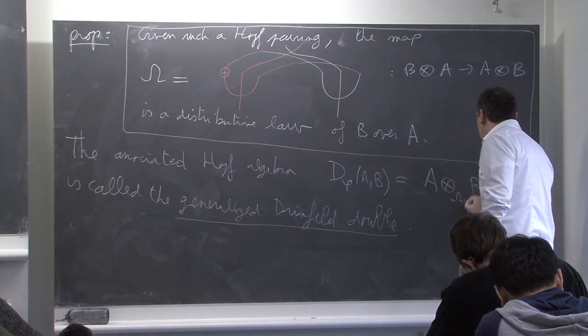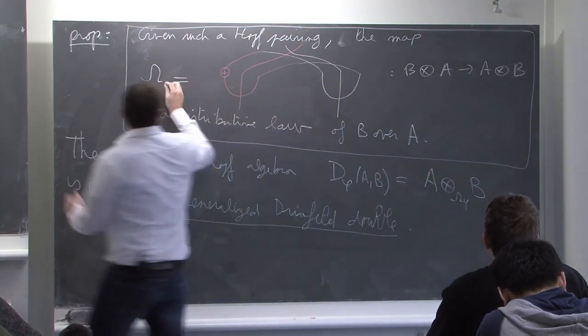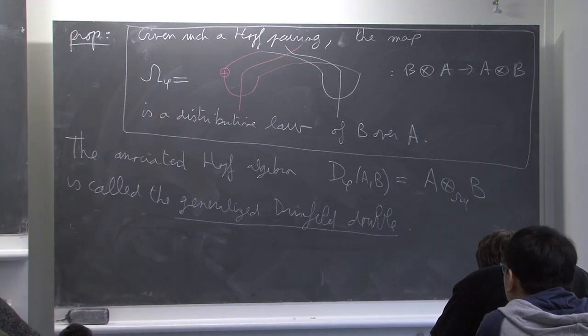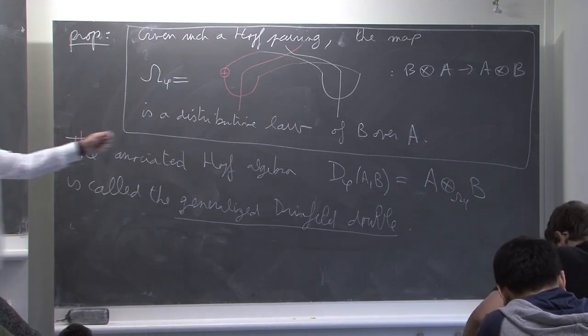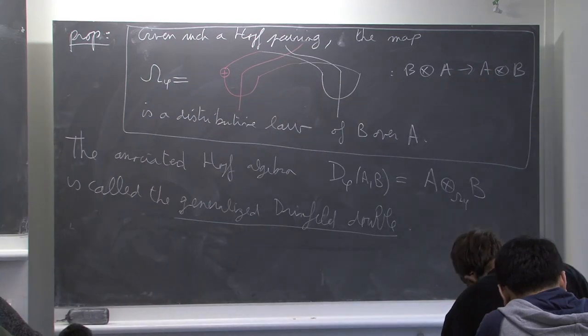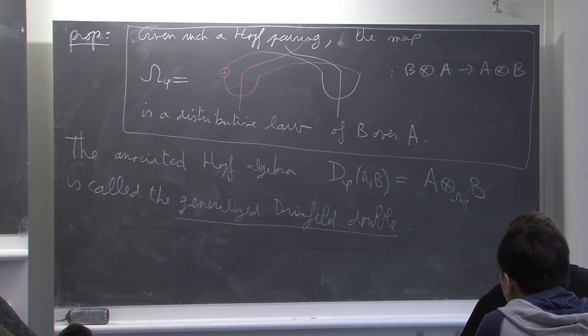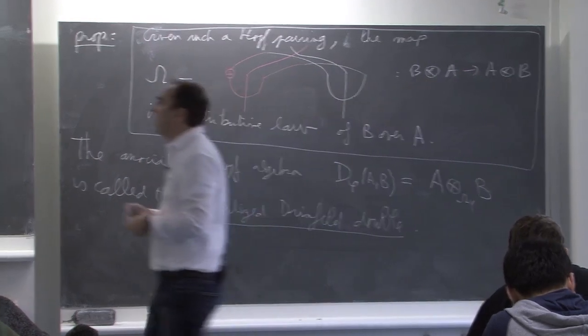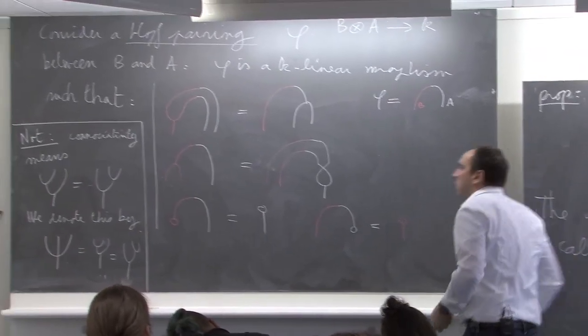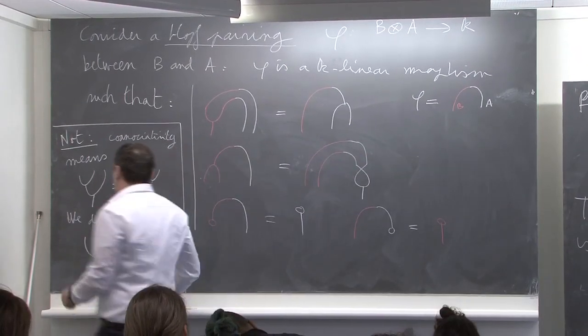This is the distributive law associated to the pairing phi. Okay, so what we need to prove is that this satisfies the axioms of a distributive law. Of course, we will use this.